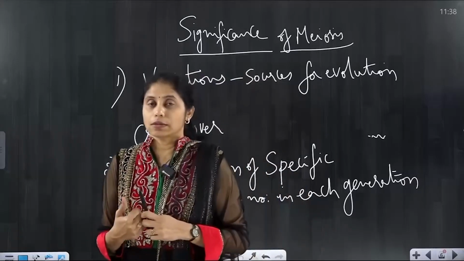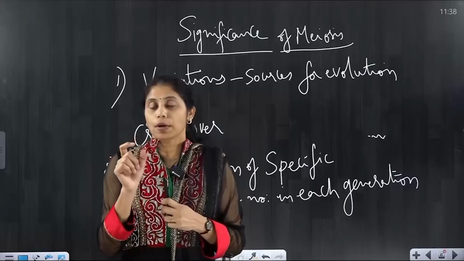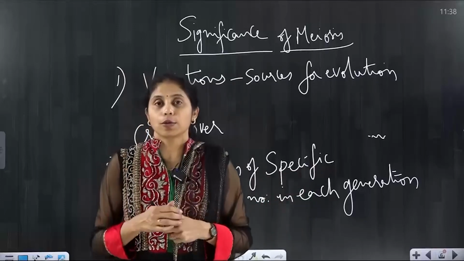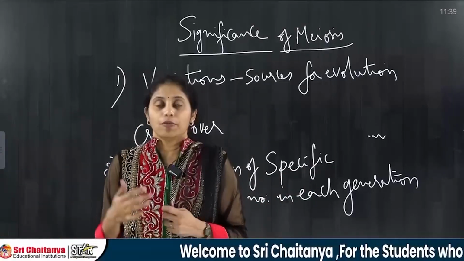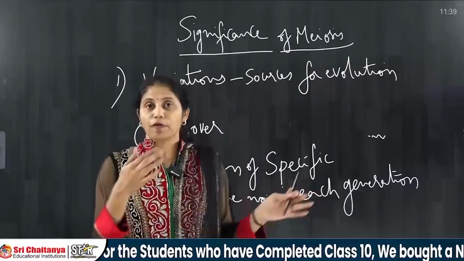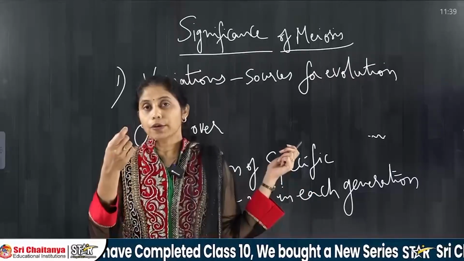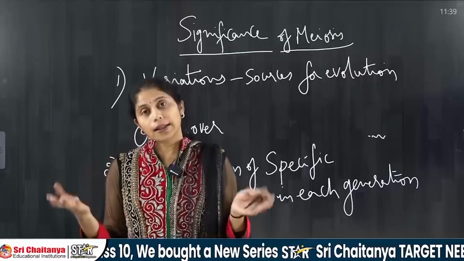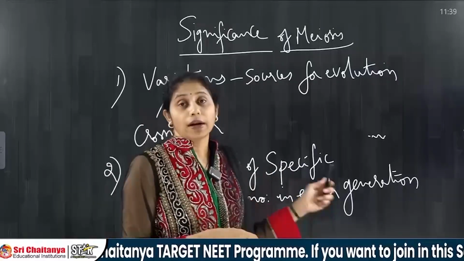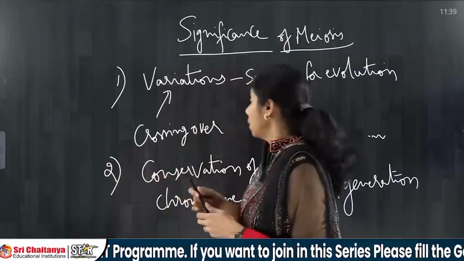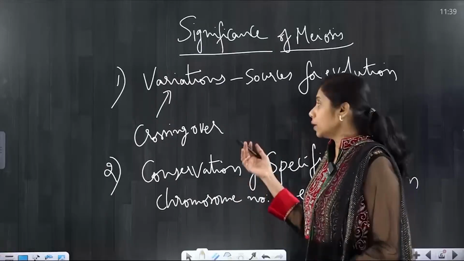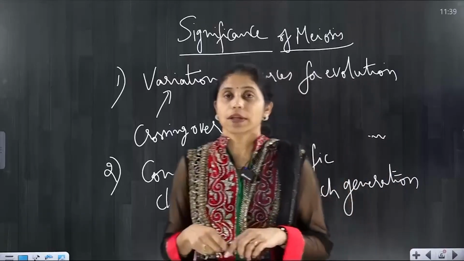So without meiosis, there is no conservation of the same chromosome number in each generation, generation after generation. So this is important for maintaining the constant chromosome number throughout generations. If meiosis is not happening, every time the chromosome number will be doubled. So it is important before fertilization, so that it will reduce exactly the number of chromosomes to half, and then fertilization of 2 gametes will happen that restores the chromosome number. So this is maintaining the specific constant chromosome number from generation to generation. Okay, these 2 are the important points about significance.